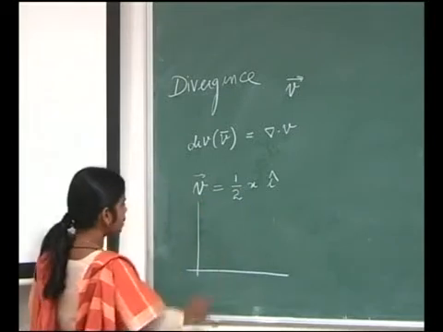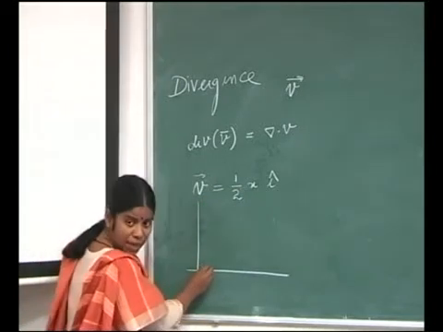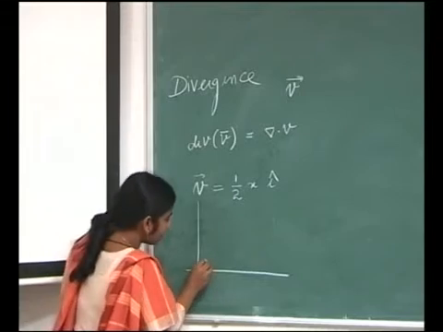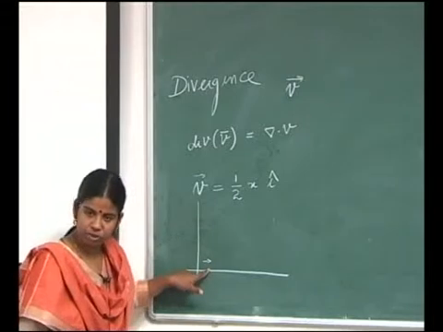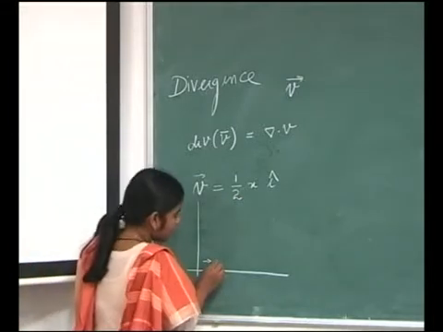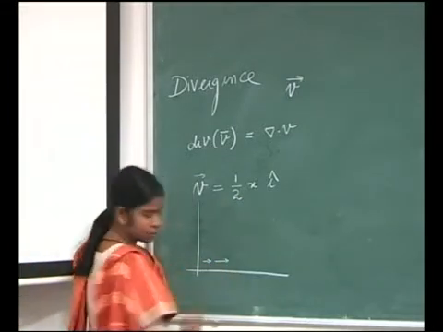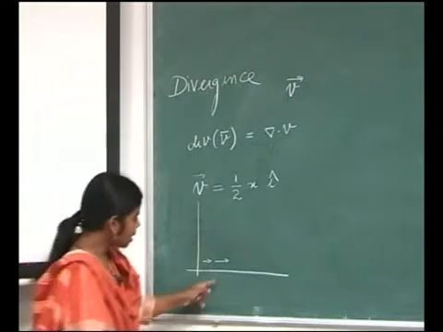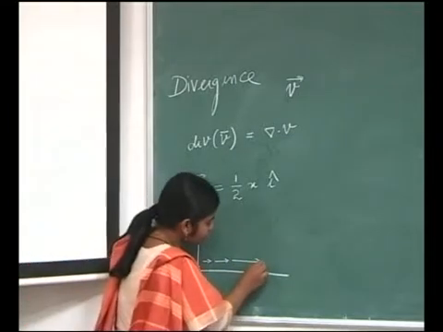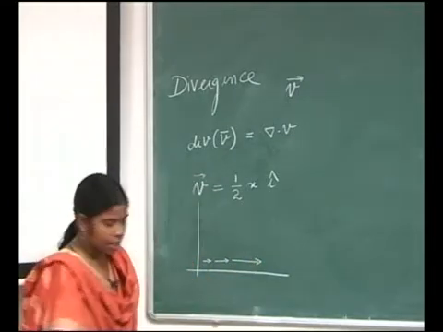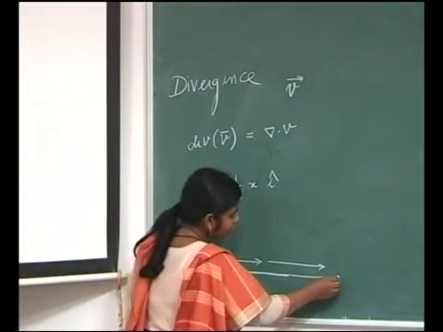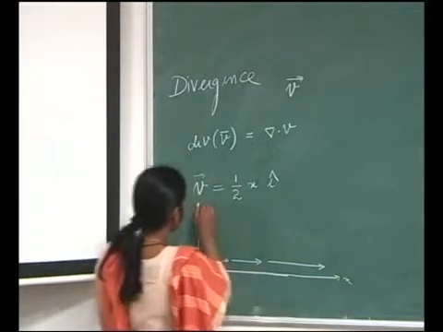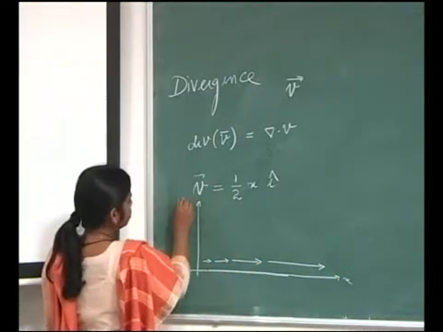So here I will plot half, and when I have 1, it is double the length. When I move ahead it is like this, and if I move further, it goes like this. So, this is the vector field representation of this given function.